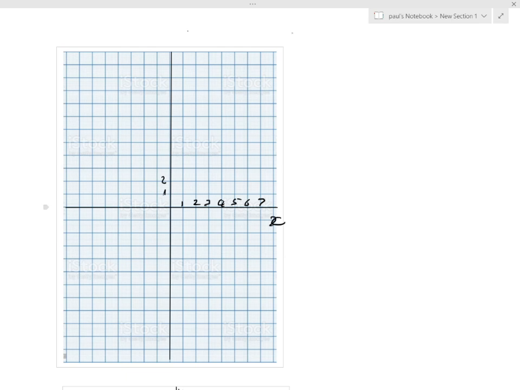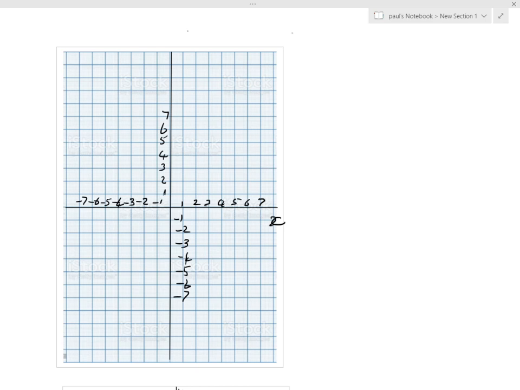Minus 1, minus 2, minus 3, minus 4, minus 5, minus 6, minus 7. And the same going down the y line. Go as fast as I can. Right.